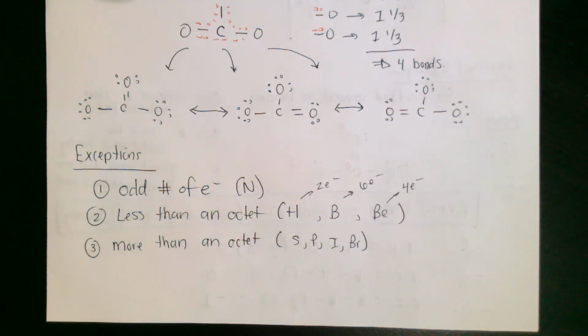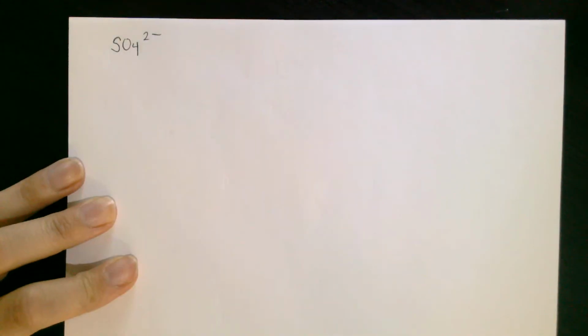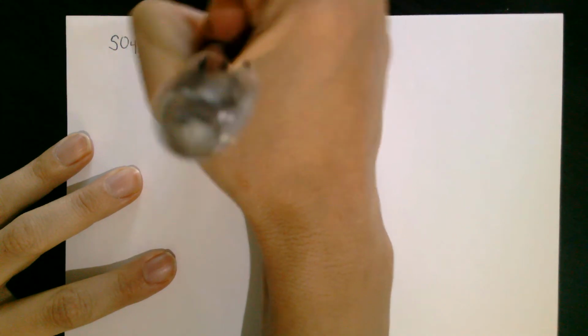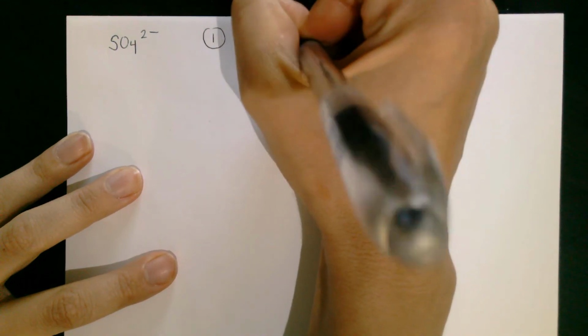With these exceptions in mind, I want to take a look at sulfate. We're going to look at SO4 2-, and we're going to draw 2 structures here. 1, draw an octet structure.